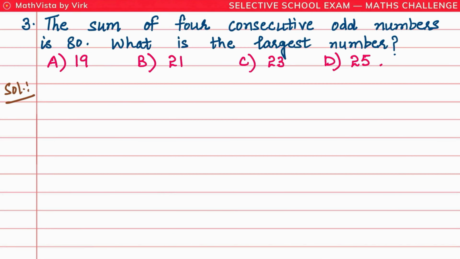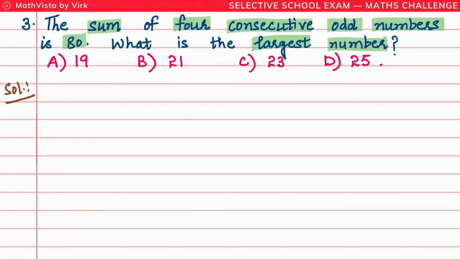Let's start with question number 3. The sum of 4 consecutive odd numbers is 80. What is the largest number over here? Options are 19, 21, 23 and 25. Again we will be using the algebra method here to make it easy.